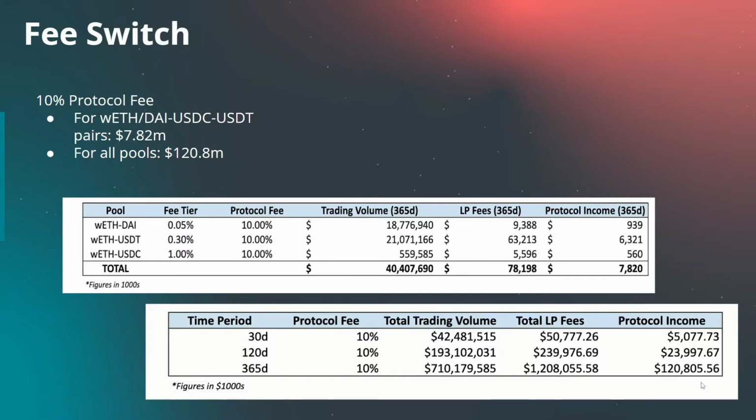You can think of it like in SushiSwap: if you own Sushi tokens, you stake the Sushi tokens to receive xSushi, and if you hold xSushi, you have the income of 10% of the total fees, like in this Uniswap model.